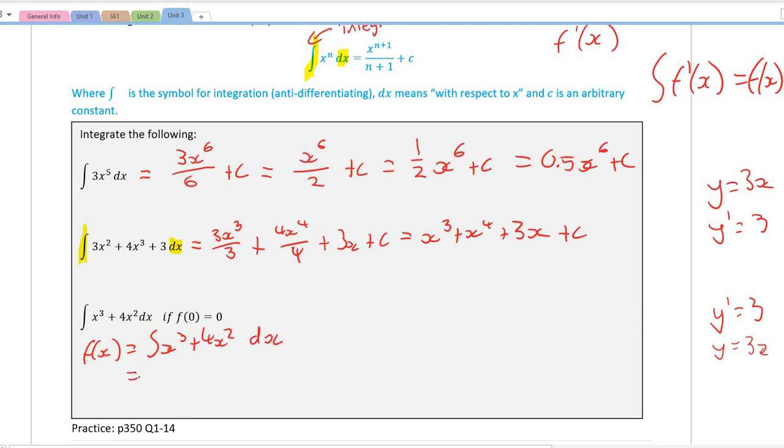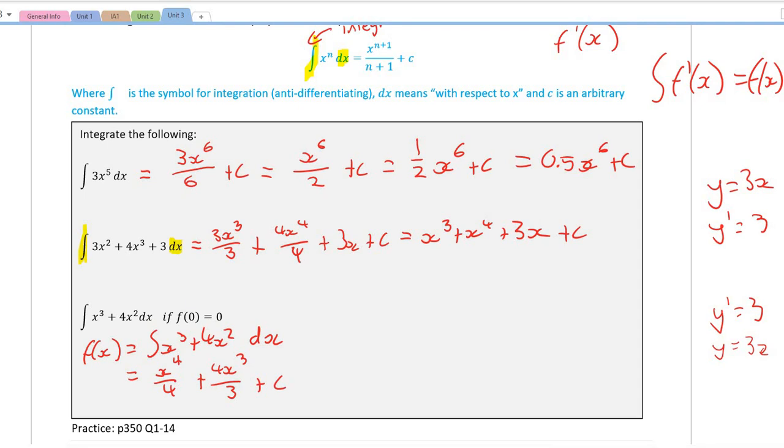What's the integral of x cubed? x to the power of 4 over 4. What is the integral of 4x squared? Correct, plus 4x cubed over 3. Am I done? Plus the constant of integration, c.